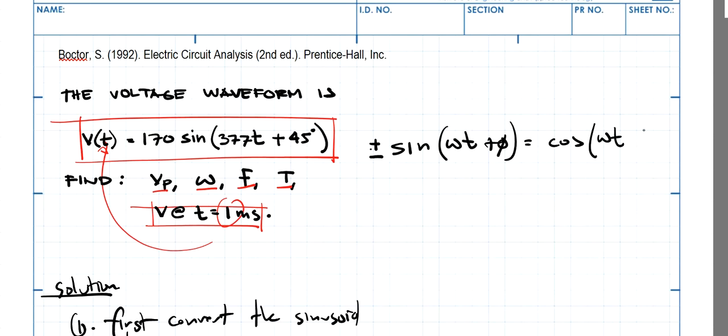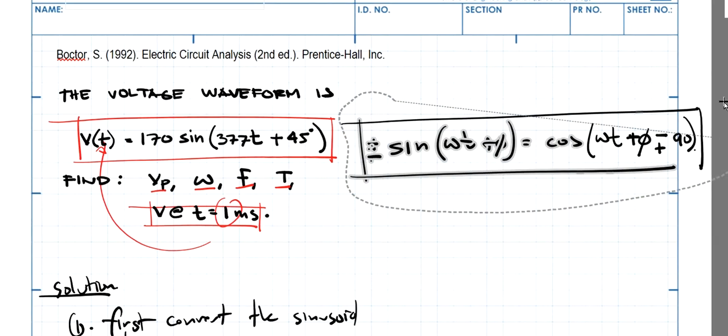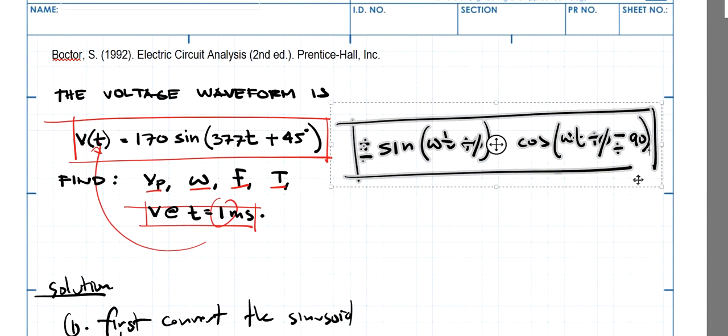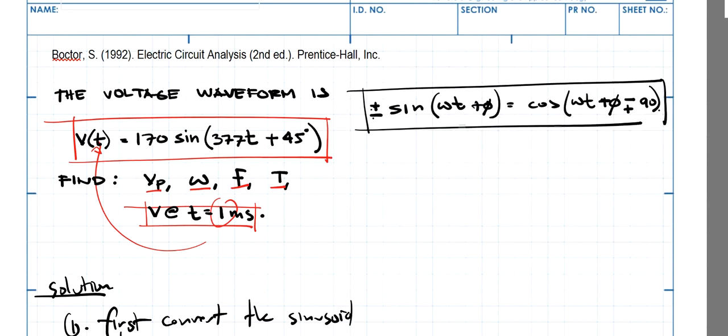If this angle is plus, then the other one will be minus 90. If this is negative, then the other one will be plus 90. So that is the relationship of the sine to the cosine, or that's how we are going to convert the sine to a cosine. Okay, so recall that.